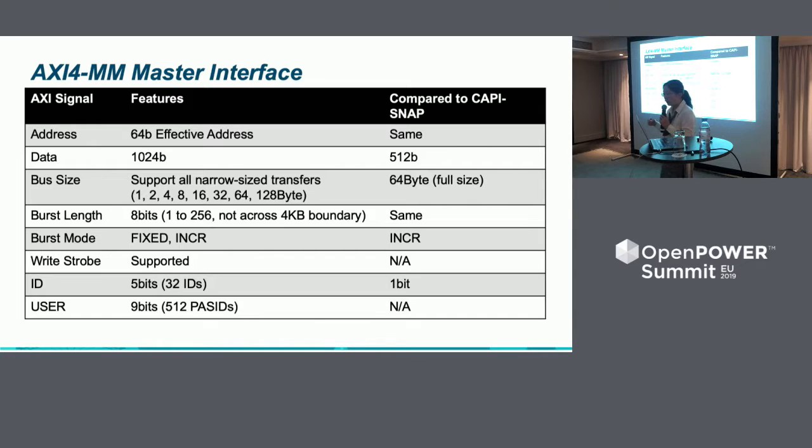CAPI and OpenCAPI actually support it, so our OC-Accel bridge also has to support it. But I must say that today it is not in the GitHub yet. Hopefully, we can verify the example and open it maybe in 1 month. So it is just under development today.